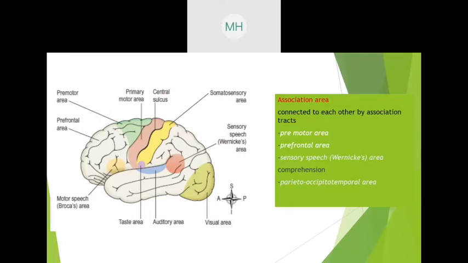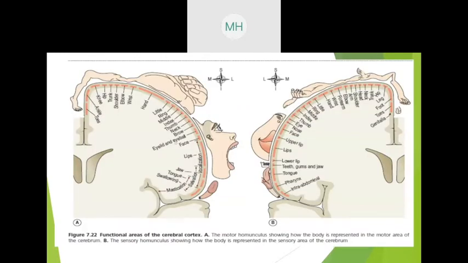It is always associated with complex function. So this is the homunculus of the brain, at the frontal lobe.